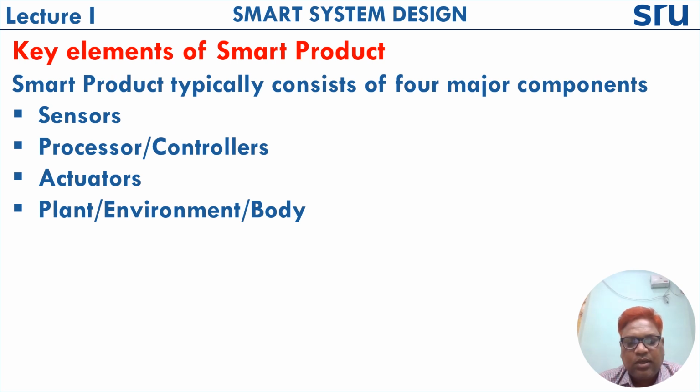The actuators perform these smart actions based on the instructions from the processor or brain. And finally, the body. The entire system is called the body or plant or environment. So these are the four basic elements of any smart system.